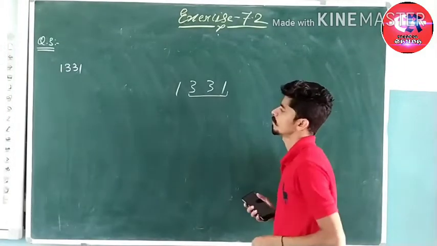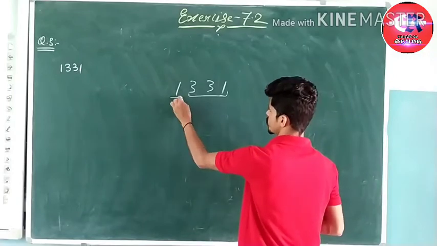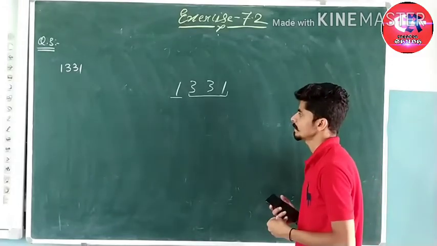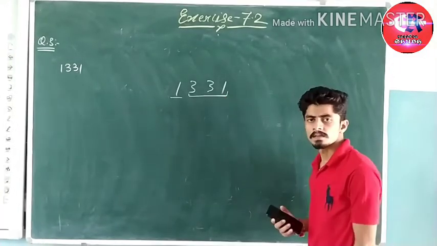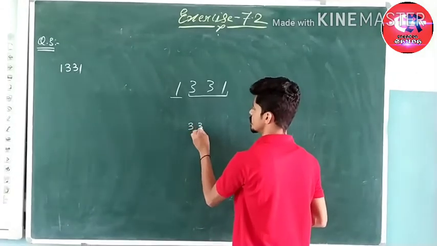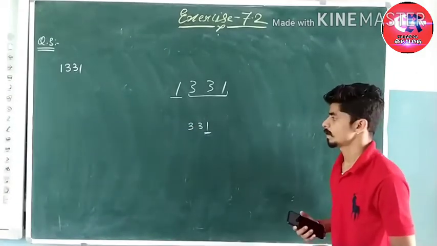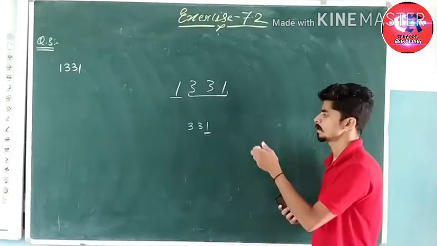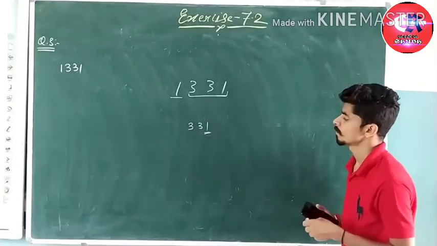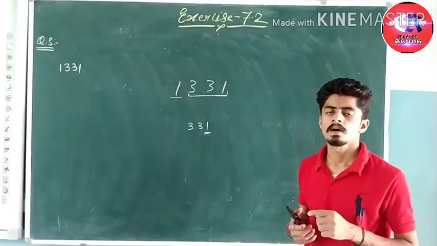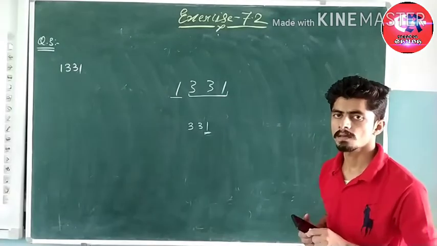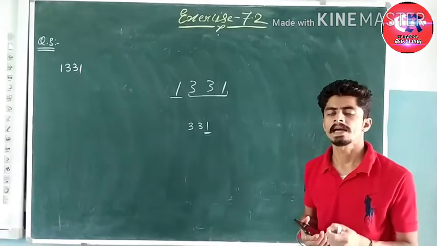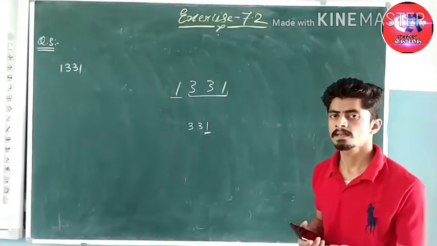So here we can form a group, and the rest one is the second group. So the first group is 331, and we consider the unit place of 331, which is 1. We have to find which number's cube is equal to 1. When we find this, we find that the cube of 1 is only equal to 1, and all the other numbers do not have 1 at the unit place when we find the cube.